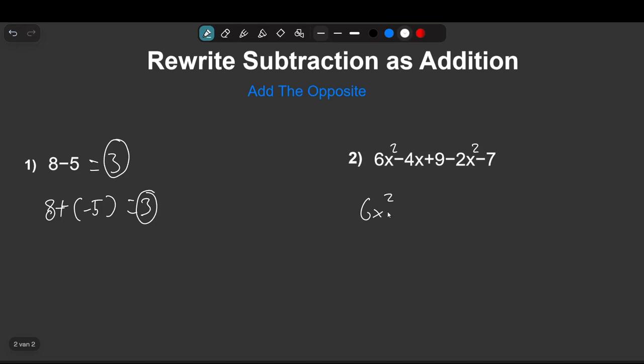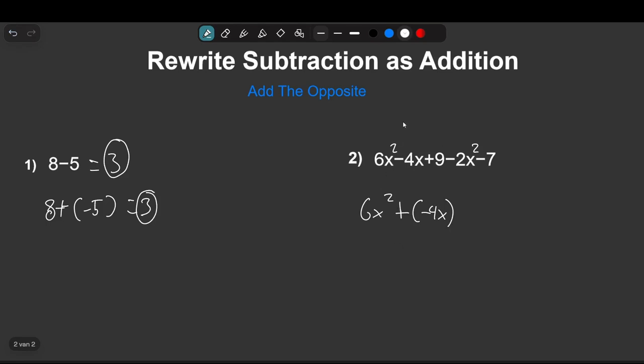As I just said, anytime you see a minus sign, we change the number we are subtracting to its opposite. The opposite of 4x is going to be minus 4x, like this. So now we have 6x squared plus minus 4x.